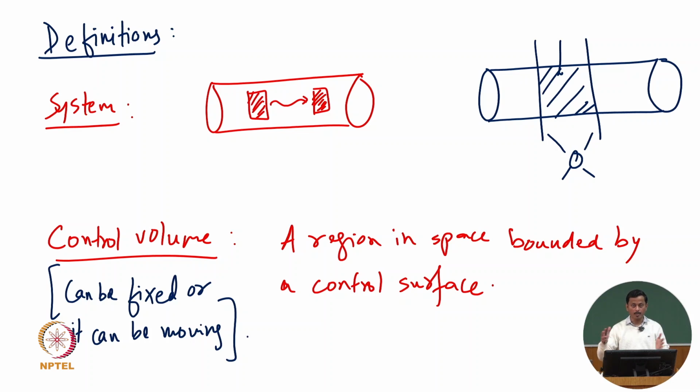So that can be a moving system. The whole car can be a control volume if it is of your interest, if it's something that you want to understand. But we are not essentially following a certain set of particles.